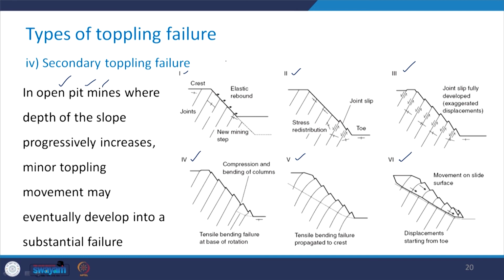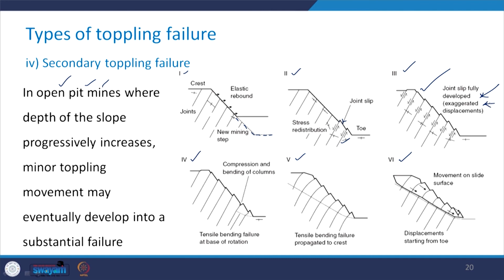First, you see that this is the new mining step which has been shown like this. Now, when this is removed, see how the joint slip is created here, and slowly as you keep on going towards the top, towards the mining activities, see how the joint slip gets fully developed in this case, and it is shown by the exaggerated displacements.